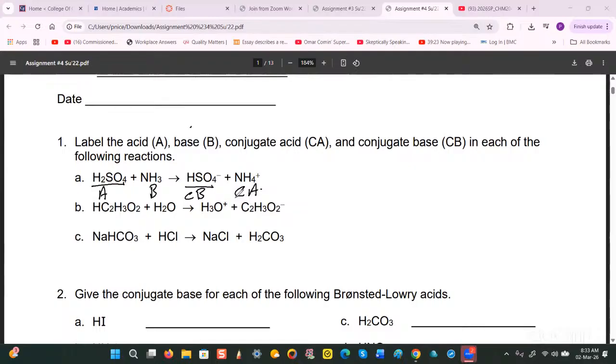So what would be the acid in this case? HCl. Which one are we looking at? Oh, we're looking at this one. Oh, the acid would be HC2H3O2. Right, so this would be the acid. And let me see, somebody's saying something in the chat.